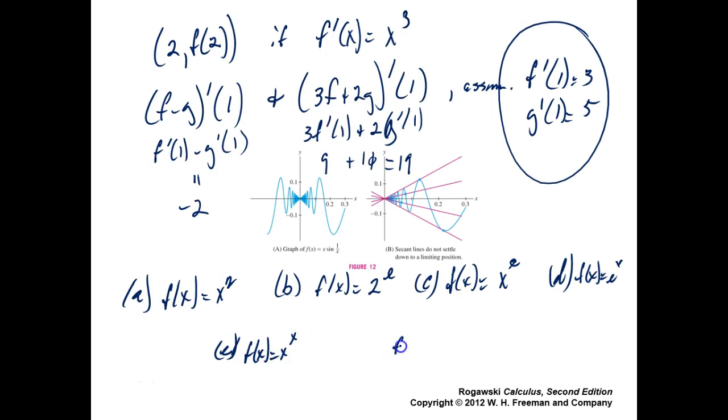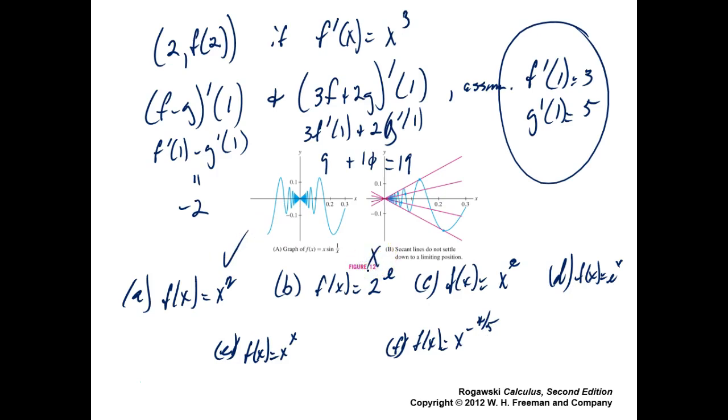And F will be f of x is equal to x to the minus 4/5. Okay. We got this one? Yes. This one? No. Okay.